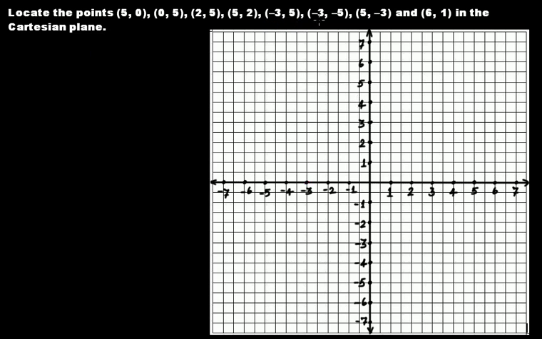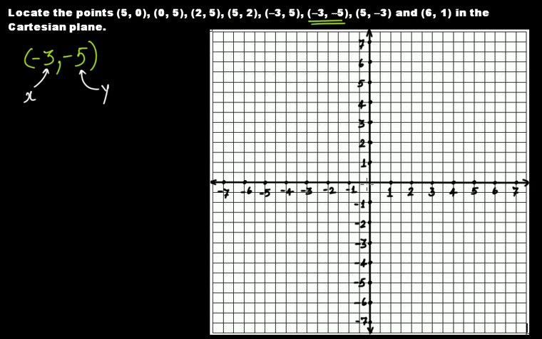Now we have (-3, -5). This tells you about the x-axis. This ordinate tells you about the y-axis. Now your x is -3 and your y is also -5. It means the negative direction of the x-axis, -3, and the negative direction of the y-axis, -5.